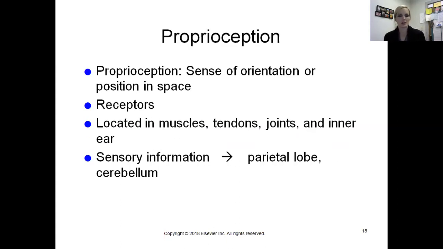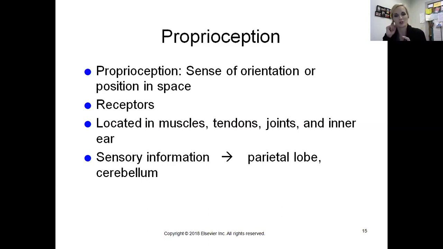Proprioception is the sense of orientation or position in space. In that picture example on the slide before and in your text, the man standing with his hands over his head, there are receptors in our body that receive that sensation and understand that there has been movement in the body. It's located in different muscles, tendons, joints, and even in the inner ear.